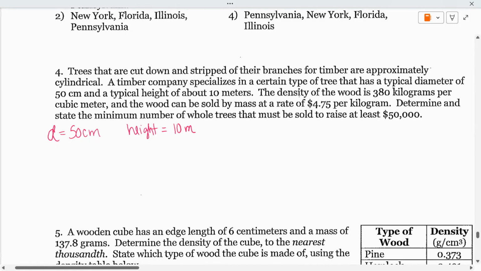The density is 380 kilograms per cubic meter. And the wood can be sold by mass at a rate of $4.75 per kilogram. Determine the minimum number of whole trees that must be sold to raise at least $50,000.